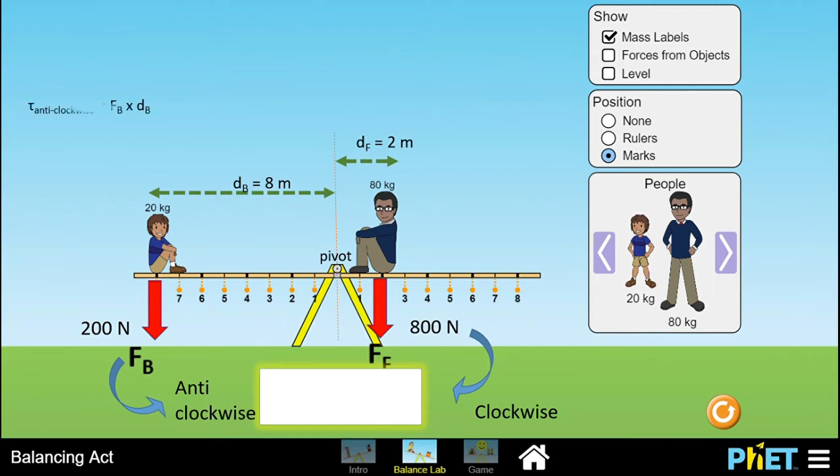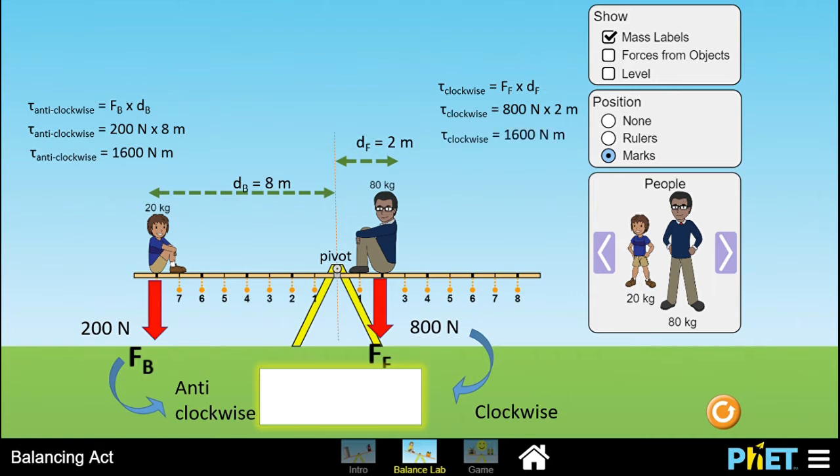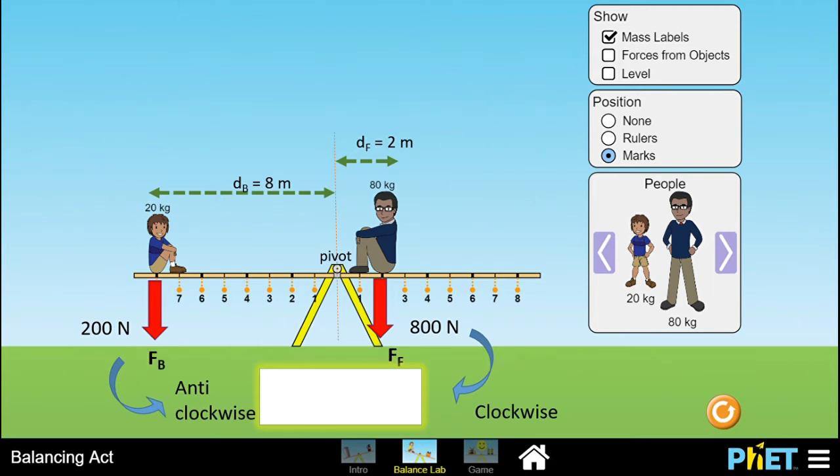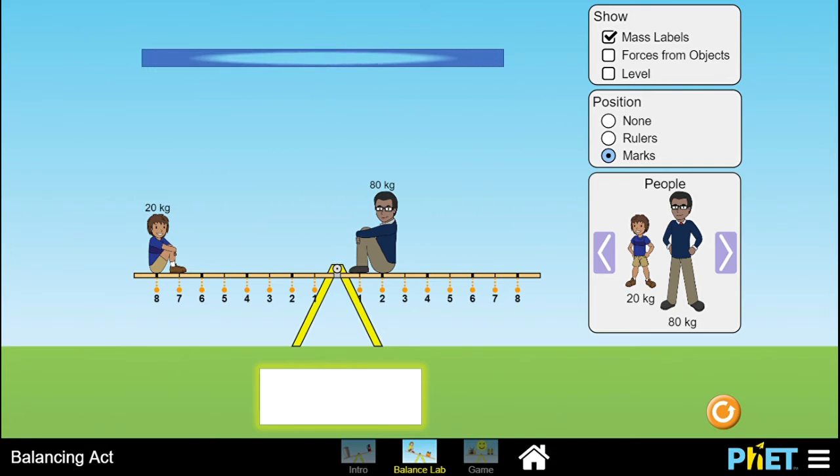The total anti-clockwise moment equals 200 Newton times 8 meters, which is 1600 Newton meter. And the total clockwise moment equals 800 Newton times 2 meters, which is 1600 Newton meter. We can see that the total clockwise moment is equal to the total anti-clockwise moment. So the seesaw is balanced.